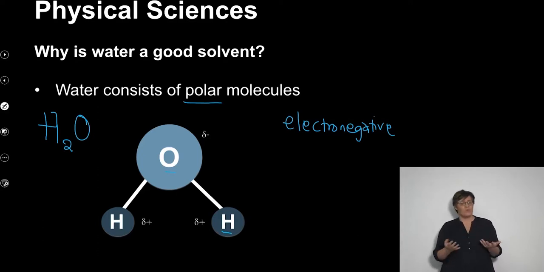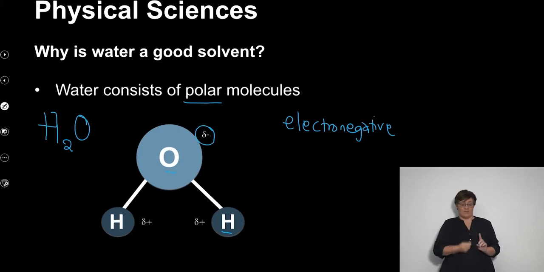So there's a bond that exists between oxygen and hydrogen. And also, you need to realize that oxygen has a greater electronegativity than hydrogen. That's why the molecule of water is polar. Why? Because where there's an oxygen atom, there's a slightly negative charge because of the high electronegativity value of oxygen.